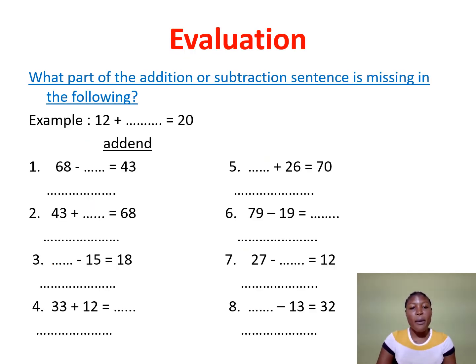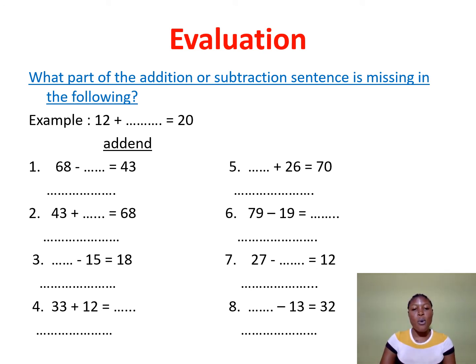So now we have this evaluation for today. We are to find the part of the addition or subtraction sentences missing in the following. Example, 12 plus dash equals 20.